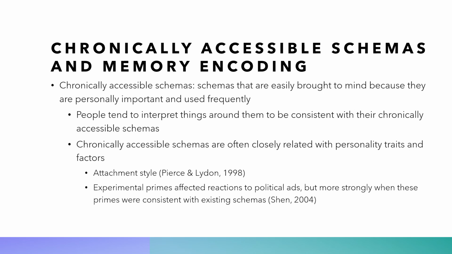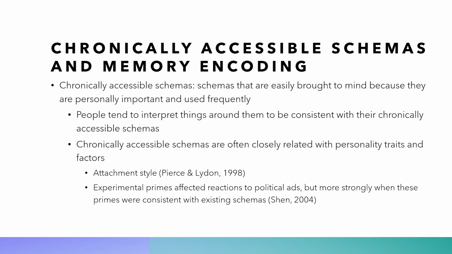From a memory encoding perspective, this means there was repeated exposure, or that something in the exposure to a given stimulus feels so significant, oftentimes so emotionally impactful, that it gets integrated into one's understanding of themselves and the world. So people tend to interpret things around them to be consistent with their chronically accessible schemas.